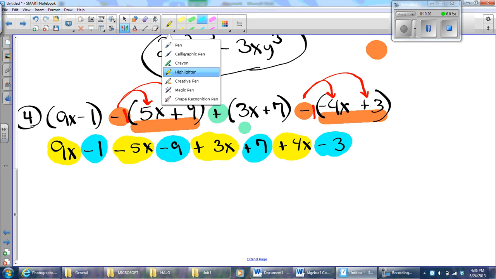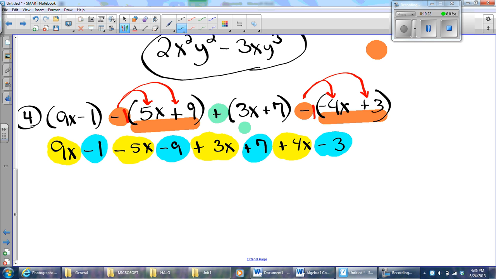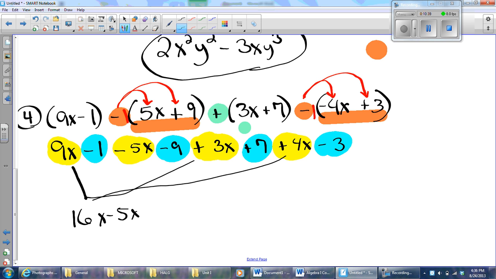Now when I go to do this, I'm not necessarily going to do it in order. I'm going to look and see how many positives I have. So in the yellow, it looks like I have 16 positives. This one, and this one. I have 16 positive x's. And I'm taking away 5 x's, which will end up being 11 x's.